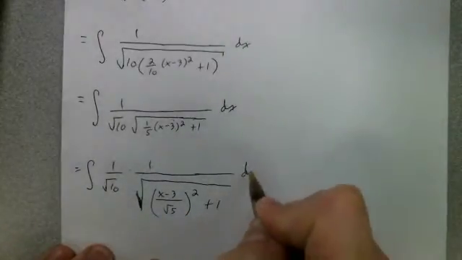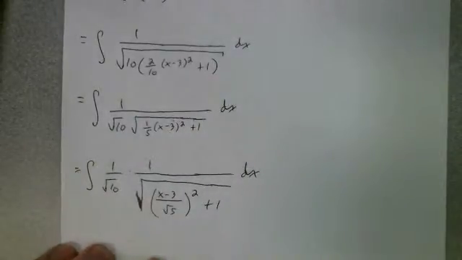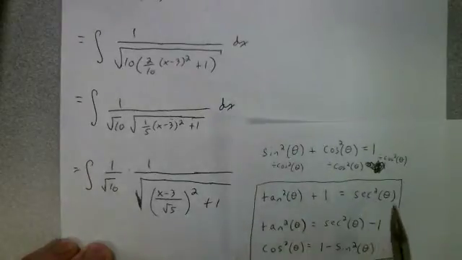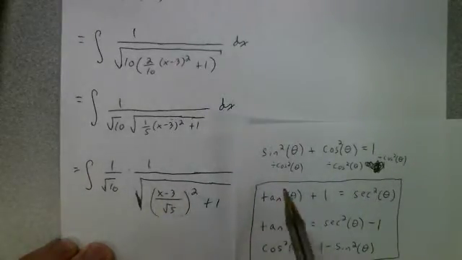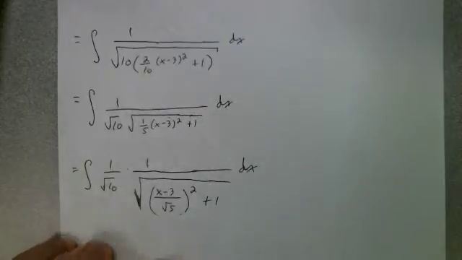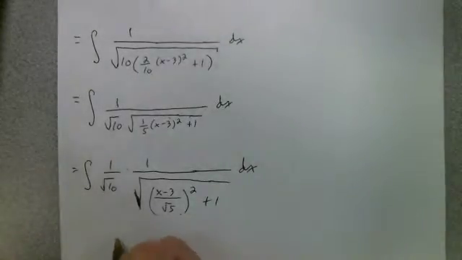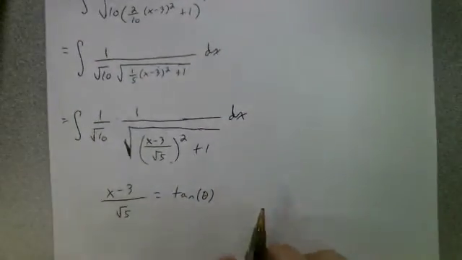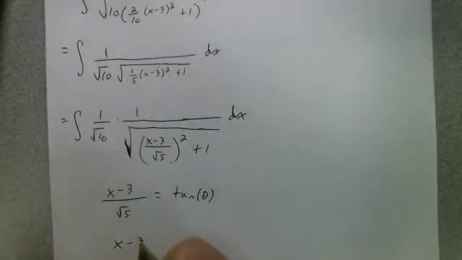Great. Now finally, this looks like something squared plus 1. I want to let all this stuff be my tangent of theta. So x minus 3 all over the square root of 5 equals the tangent of theta. So x minus 3 equals root 5 tangent of theta, and x equals root 5 tangent of theta plus 3.